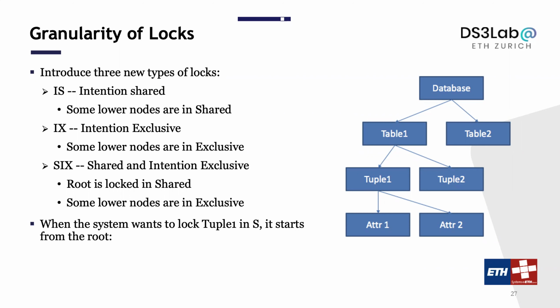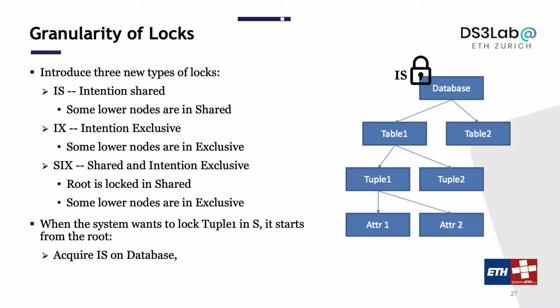So this tries to give the database a way to know the relationship across different layers. When the system wants to lock something, for example, if a transaction wants to lock tuple 1 in shared mode, it's going to start from the root. It tries to acquire an intention shared lock on the database level. It means that I want to hold a shared lock on something in the lower level.